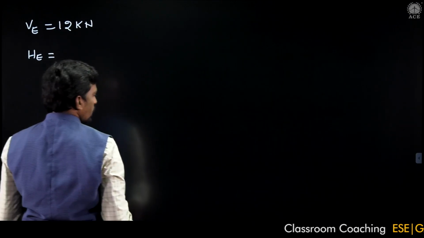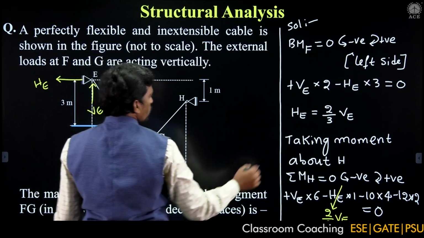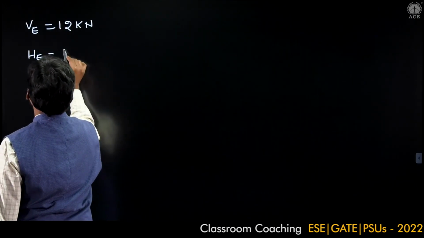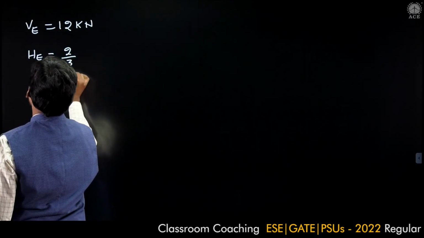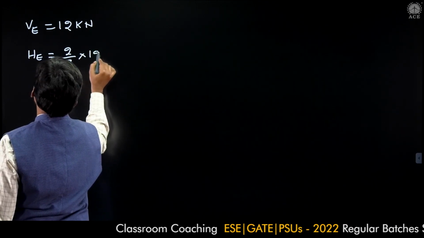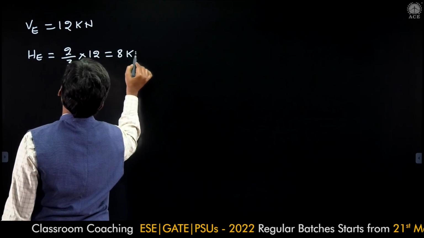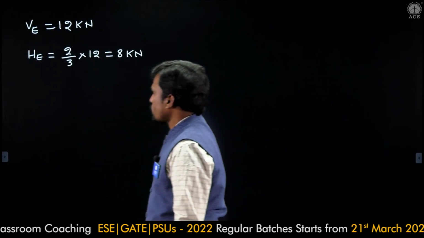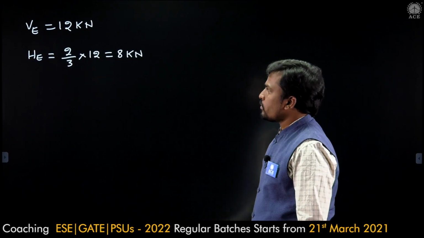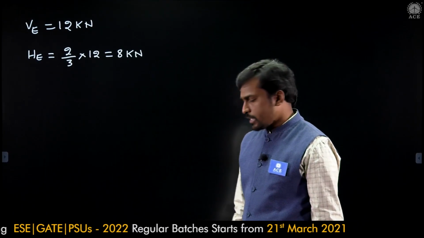What is HE? It is 2/3 of VE. What is VE? 12. Then this is 8 kilonewton. So we calculated the vertical and horizontal reactions.